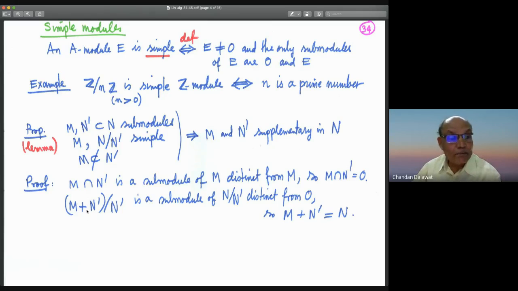Similarly, if I look at M plus N prime modulo N prime, it's a submodule of N modulo N prime, but N modulo N prime is simple. And this module is distinct from 0. That's what is given to me. And therefore, this module has to be equal to N modulo N prime, which translates as saying that M plus N prime is equal to N. So that proves this little lemma.